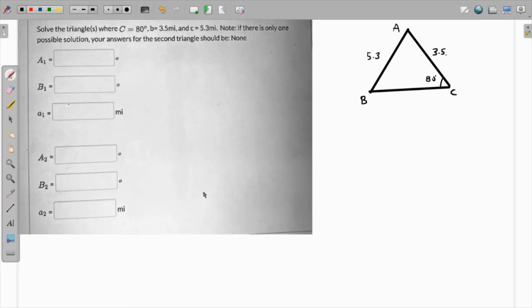I think the law of sines would be a great choice because one opposite pair we already know, and in the other opposite pair there is only one unknown quantity. So that's why I'm going to use the law of sines.